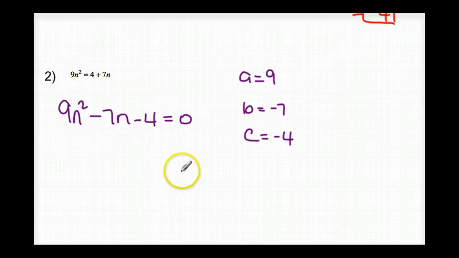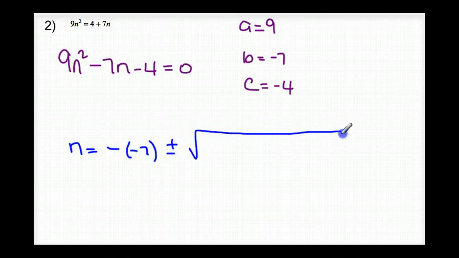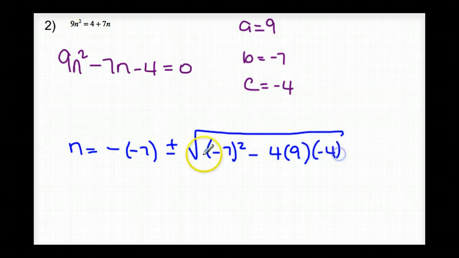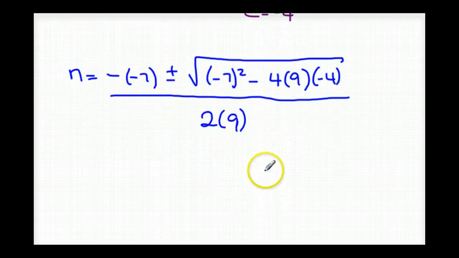So I want to go ahead and plug that into my formula, which becomes n. It won't be x anymore because my variable is n. n is equal to minus b plus or minus the square root of b squared minus 4ac, all of this over 2a, which in this case is 18.